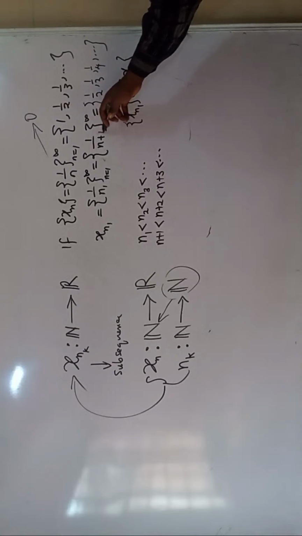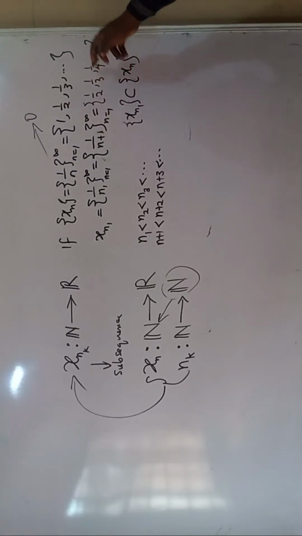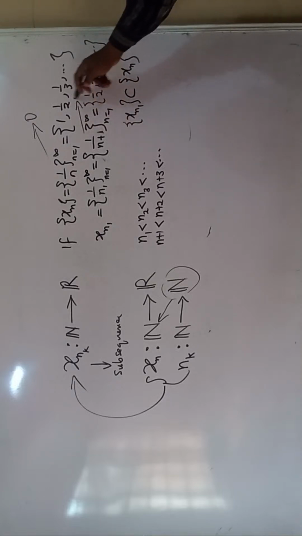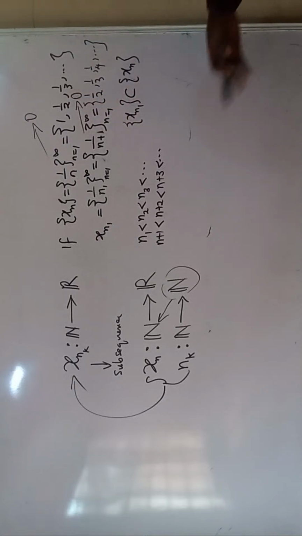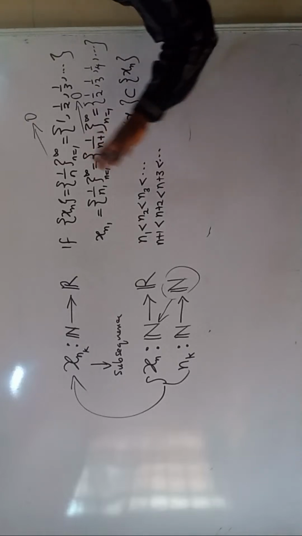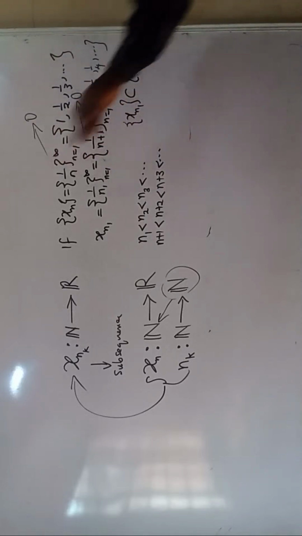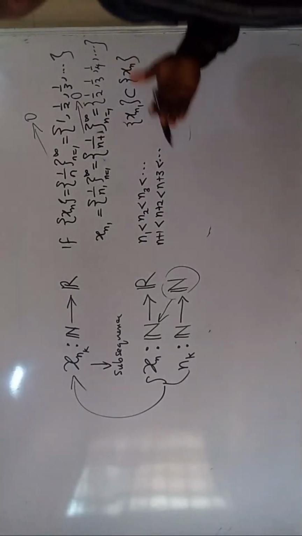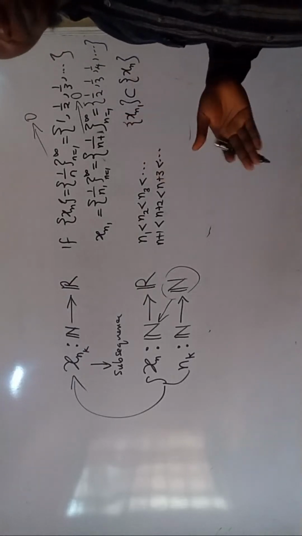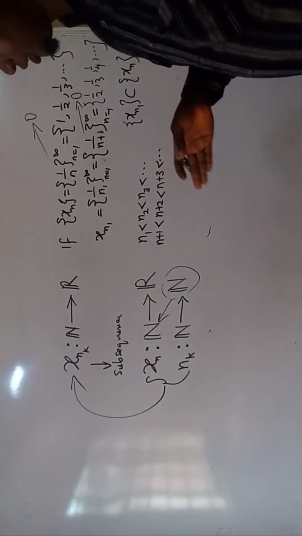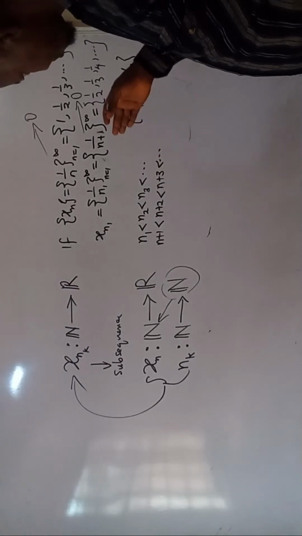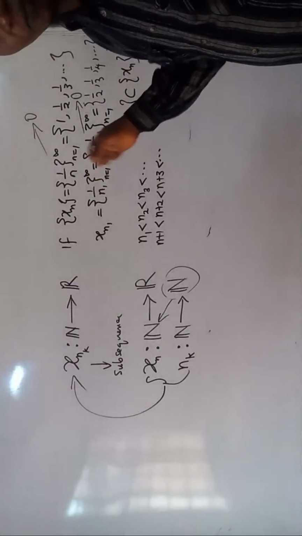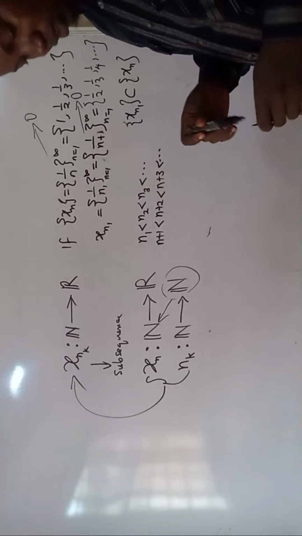Similarly, if n goes to infinity here, you see that this also goes to 0, and this happens to all the subsequences of this sequence x_n equal to 1 over n. For this reason, we can now make a law in the form of a theorem that stands for what we have just said. So let's get the theorem.